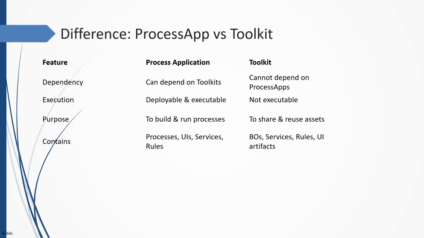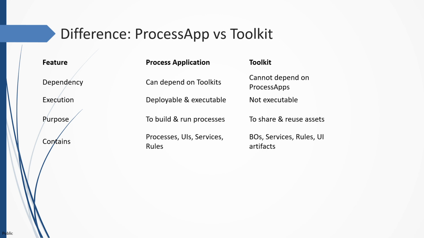The purpose of the process application is to build automation processes. Mainly we use the process application to build the application and run these automated processes. But the toolkit is a reusable component which can be shared with multiple process applications.